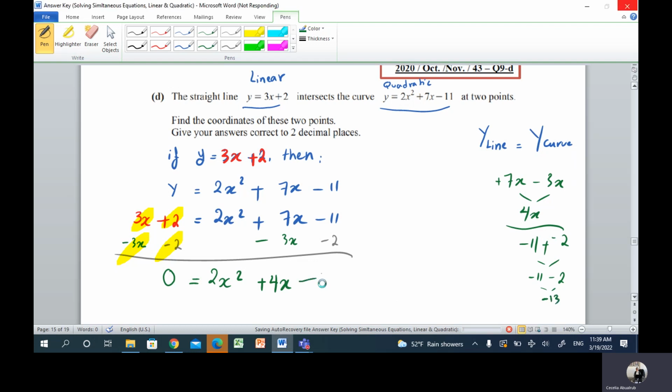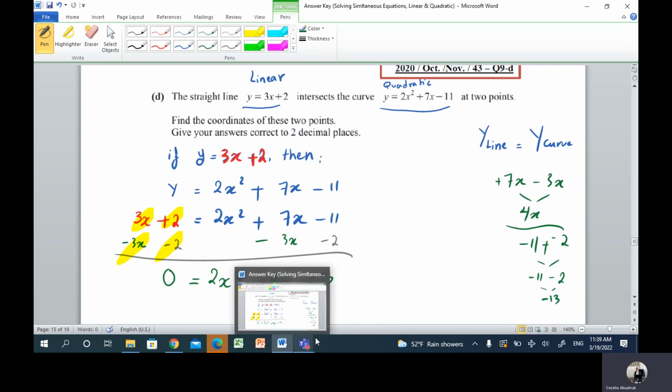So we're going to write here negative 13.